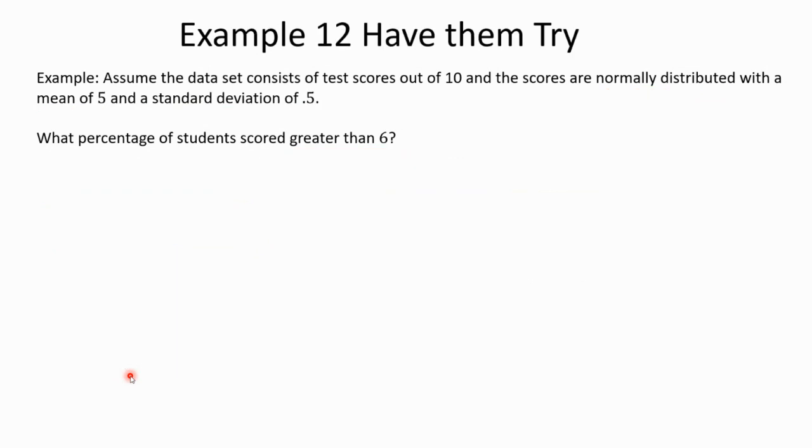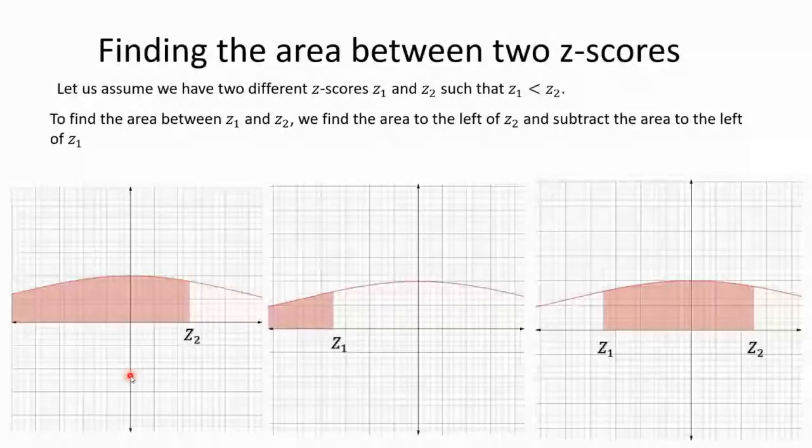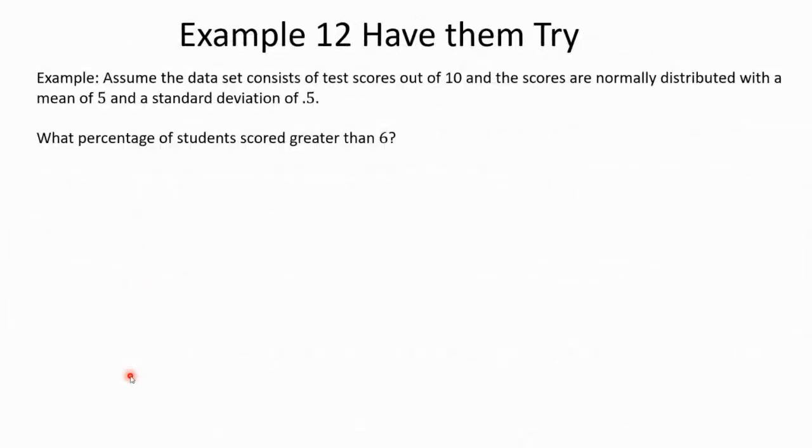Okay, this was one I was going to have you try. We're running low on time, so I wanted to get to this, but let me just do this example with everyone. This one's a little bit different. Here, you have more test scores. The data is normally distributed. Let me get the PowerPoint pen out.